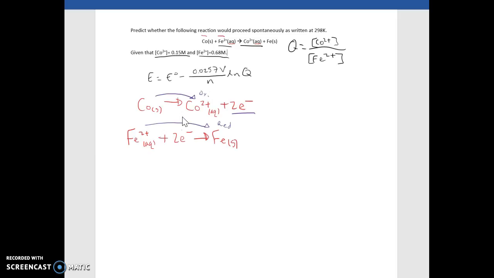And so the element that's getting oxidized is going to be the anode, and the one that's getting reduced is going to be the cathode, because that's always so with the galvanic cell.